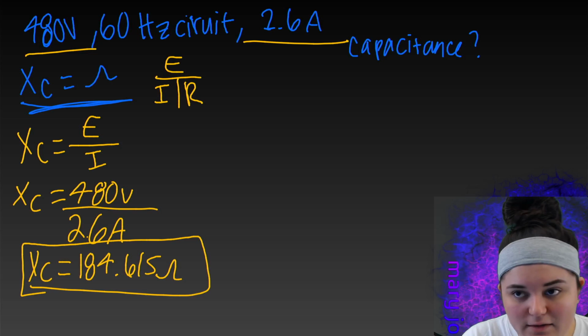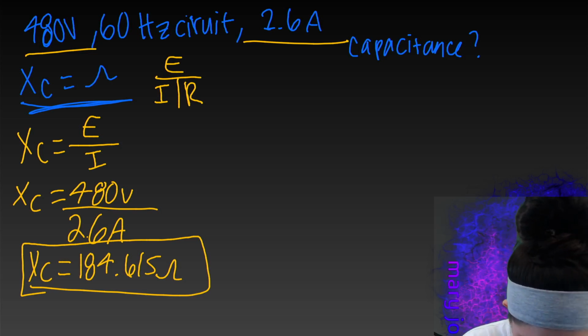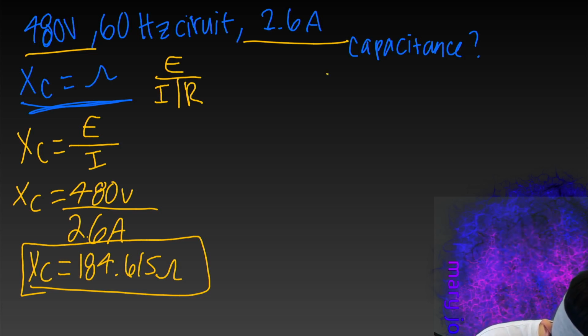Now we can use our capacitance formula that we just saw. So our capacitance formula, just as a refresher, is 1 over 2 pi, frequency, and then capacitive reactance.